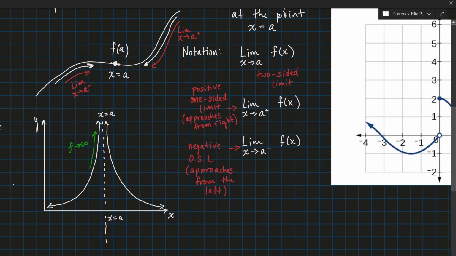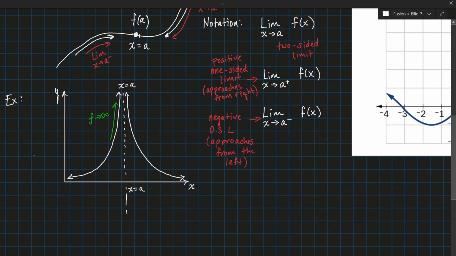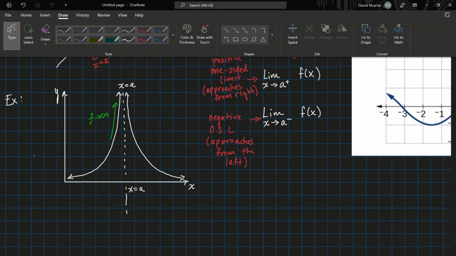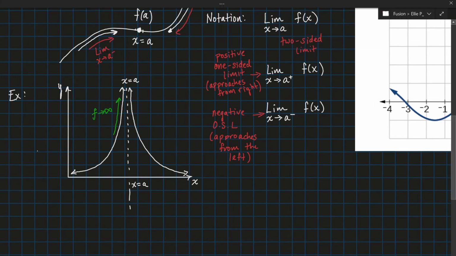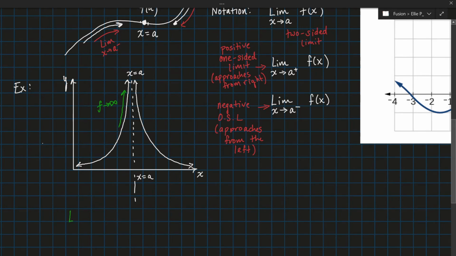So yeah, what we would say here then in our example problem is that the negative one-sided limit, the limit as x goes to a from the negative side of this function, equals infinity. Okay?